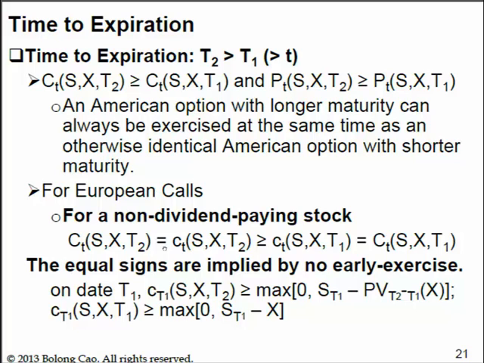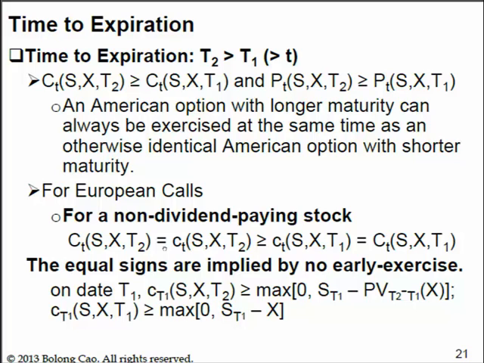If we never early exercise American call options, they have the same value as the European options. And then we just need to compare: which European option has higher value? Turns out, still the one with longer maturity, the one with a further away expiration date, has higher value.